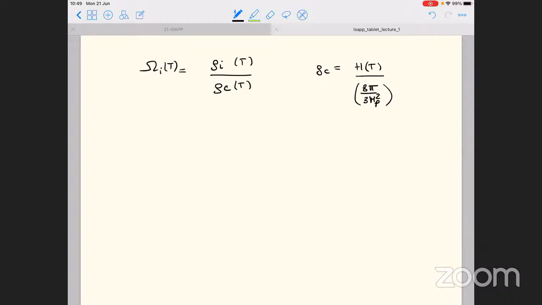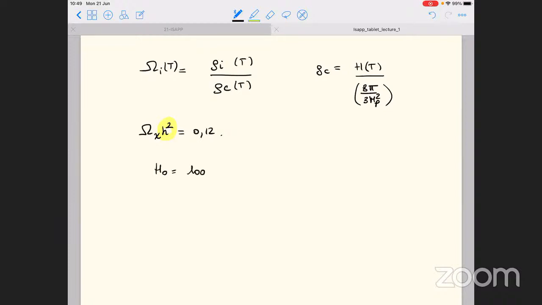If we want to account for all the dark matter today, we need omega chi h squared equal 0.12. There is this small h that comes into the game, which is just a parameter that tells you what the Hubble rate is today.